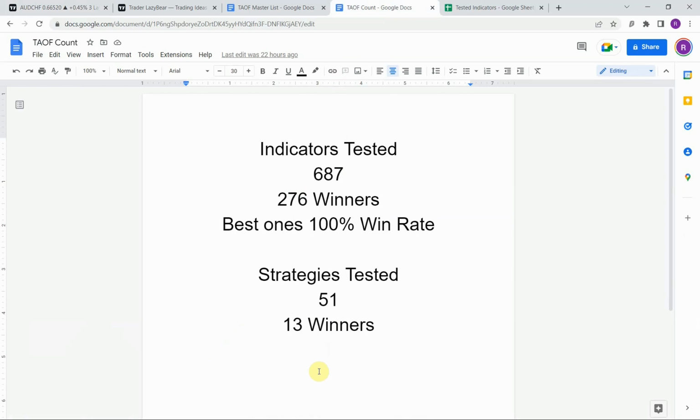The best ones so far were able to achieve a 100% win rate. Now, you need to go back and watch those videos to understand the context of how they were able to achieve that. So go back and watch those videos and see what you can get out of those winning indicators. And keep in mind that we test most of these strategies and indicators on the Forex market, but they can be applied to just about any market universally.